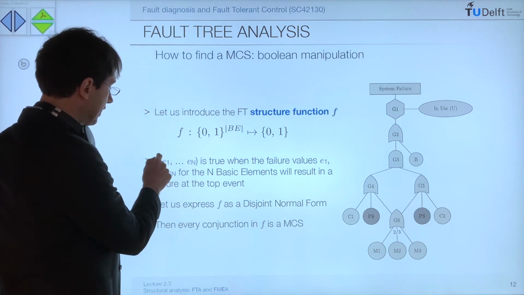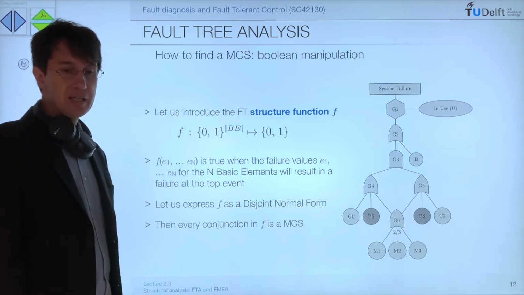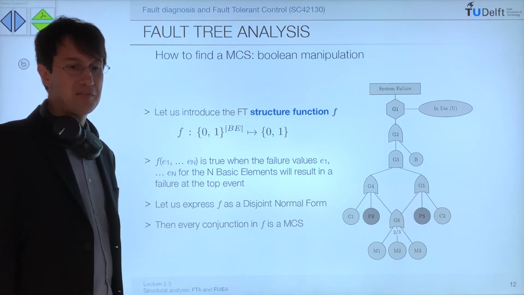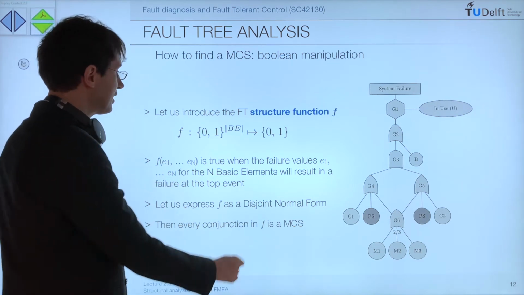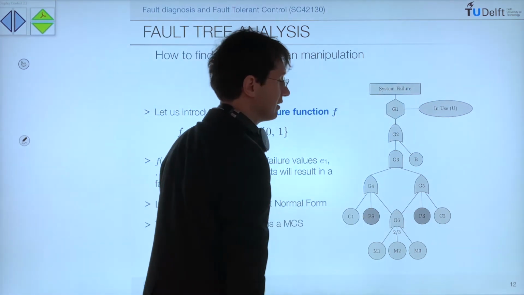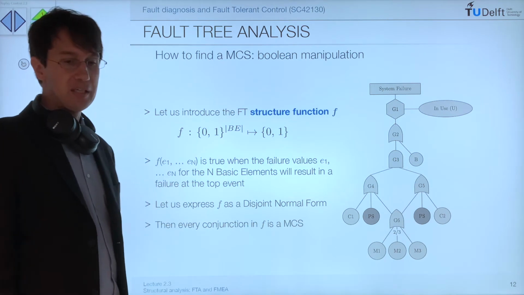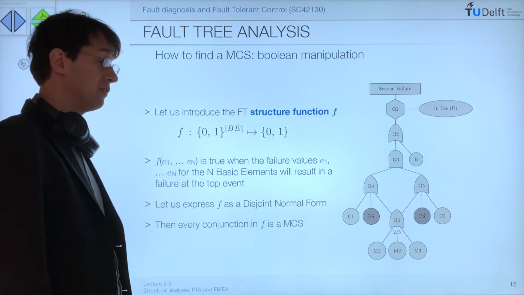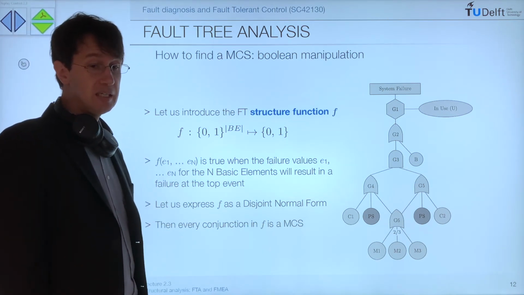And this function will simply tell you, okay, given this vector of Boolean variables, the value of the system failure is either 0 or 1. So either we don't have or we have the fault at the upper level.